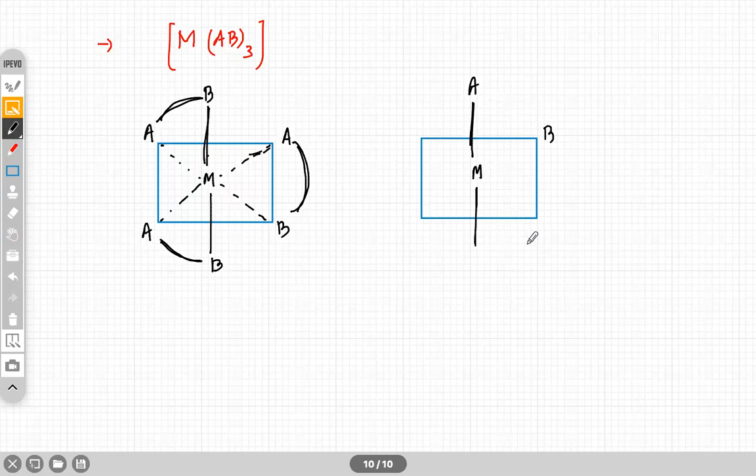One, two. Then we can write A here and A here, B here and B here.